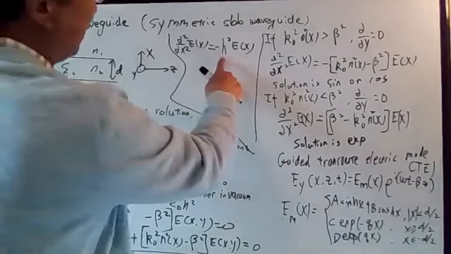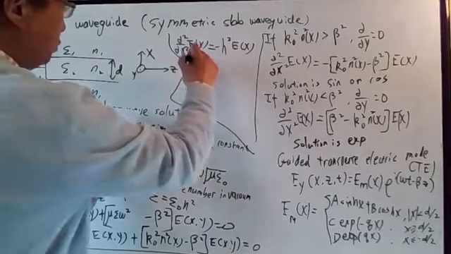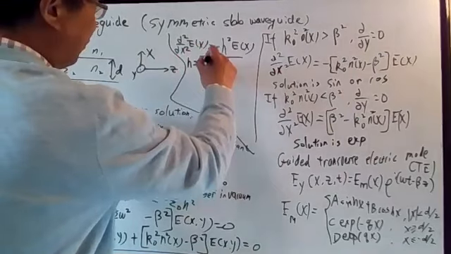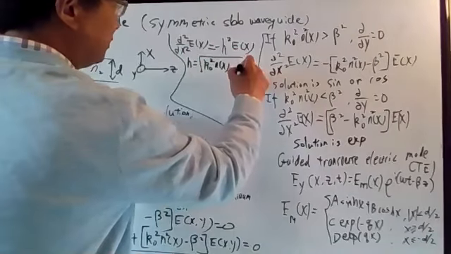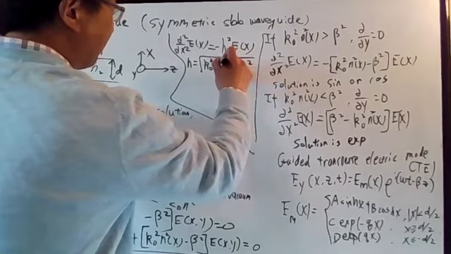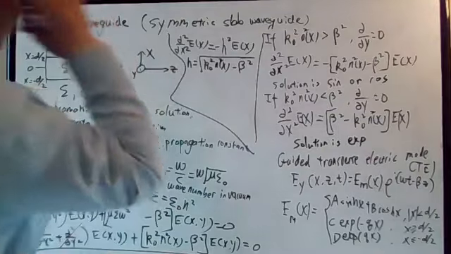So now that means h should be this piece, right? h should be the square root of k naught squared n squared minus beta squared. Okay, so that's the first one, for the h.